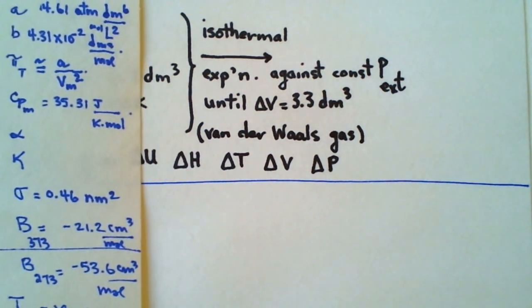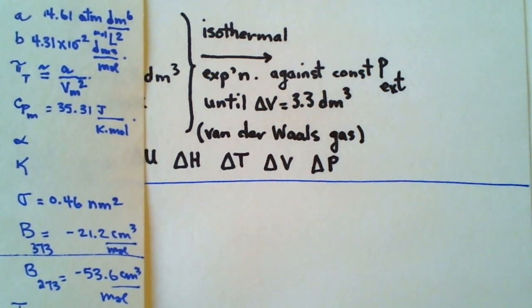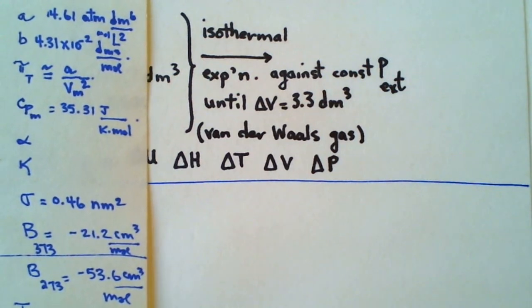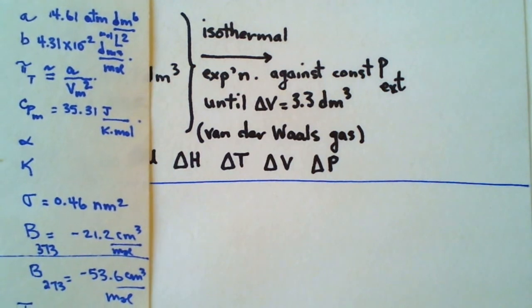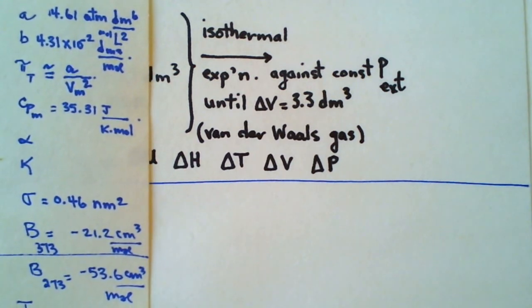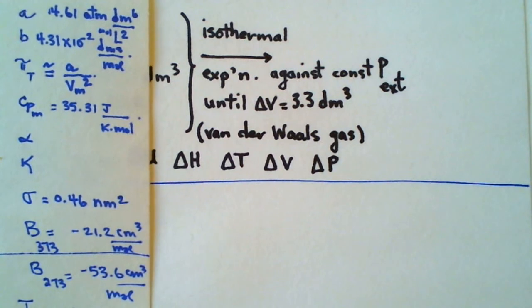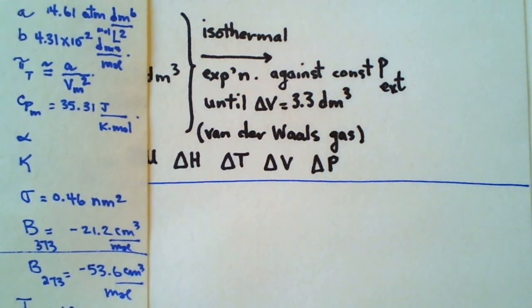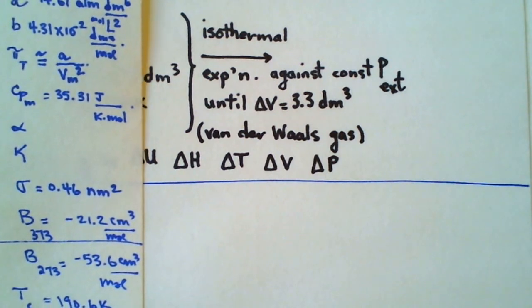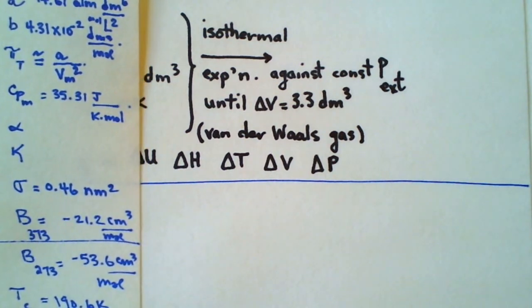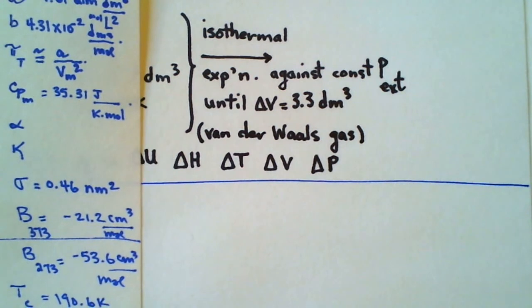and I've got the van der Waals constants, A and B, and I know that the internal pressure, pi sub T, is about equal to A over molar volume squared. More on that later. I've looked up its CP value. I added the isothermal expansion coefficients and compressibilities.